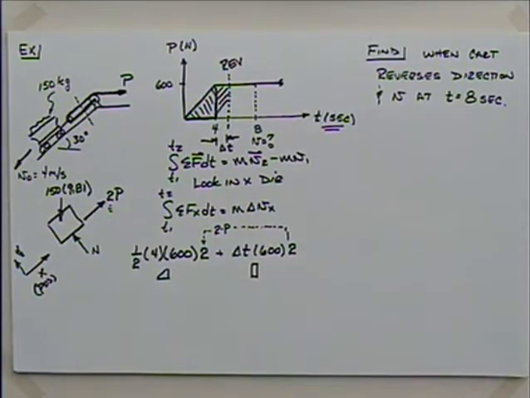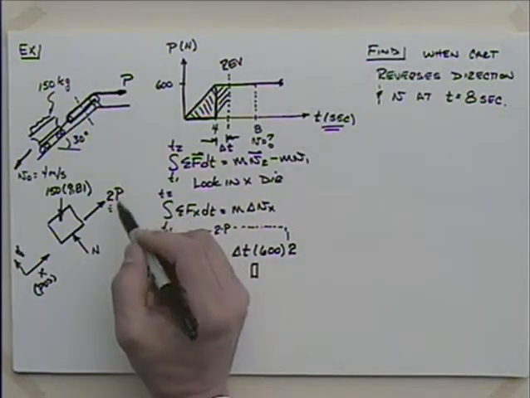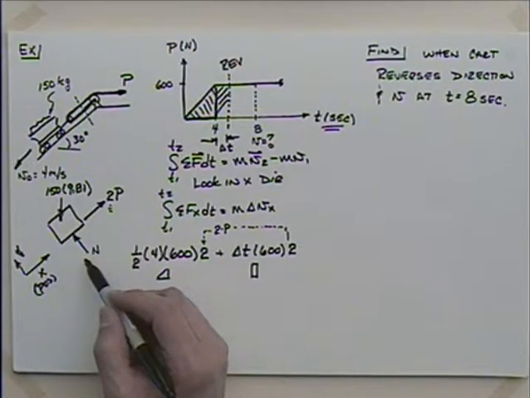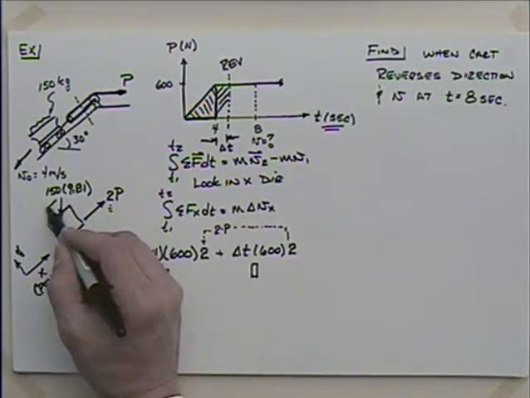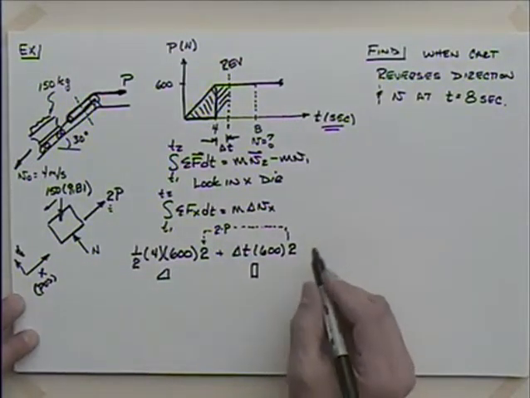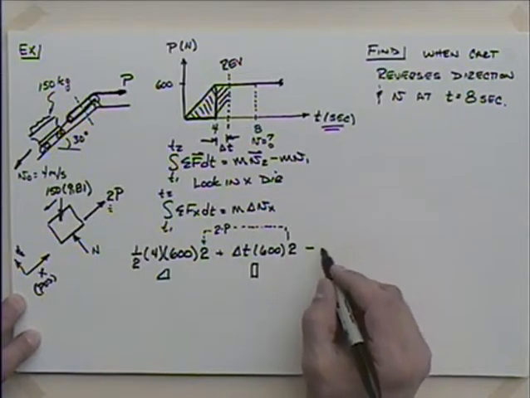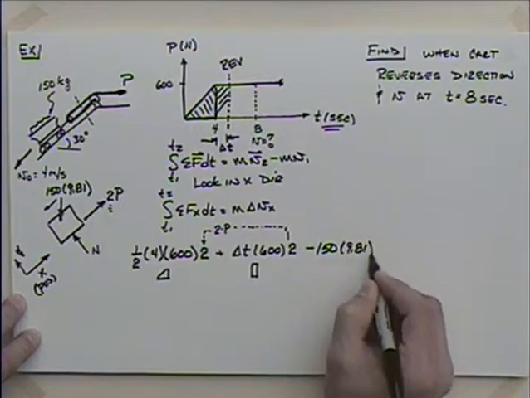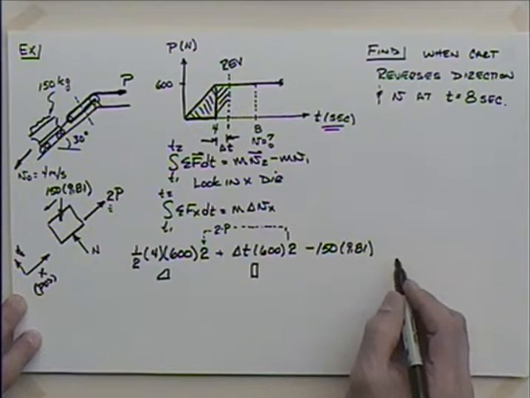Other questions? Well, I've taken care of this force here, 2P. The normal force is perpendicular, so I don't have to worry about that. But there is a component of force here that is in the minus x direction, isn't it? So I'm going to have to take, what, minus 150 times 9.81 times, what's that component?